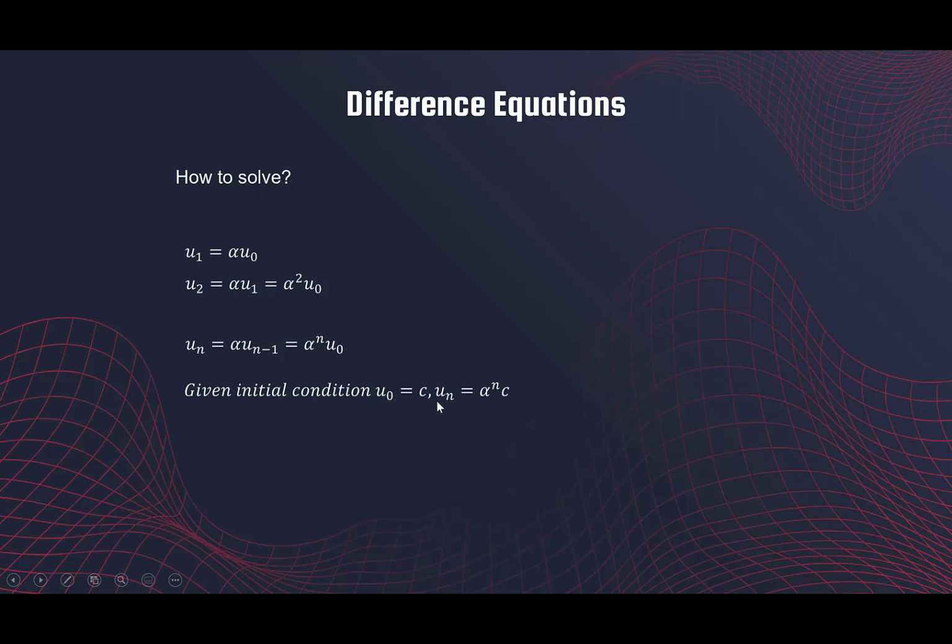And suppose u0 is c. If u0 is c, then un is going to be alpha raised to n times c, right? So this u0 is equal to c. This is the initial condition. It's something that we specify from some other information that we have at hand.